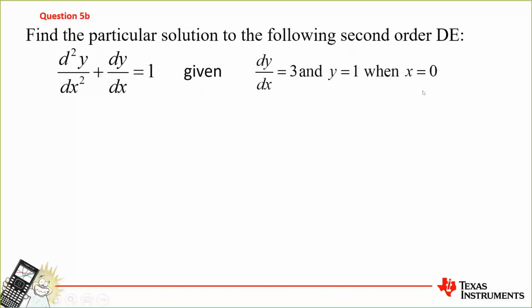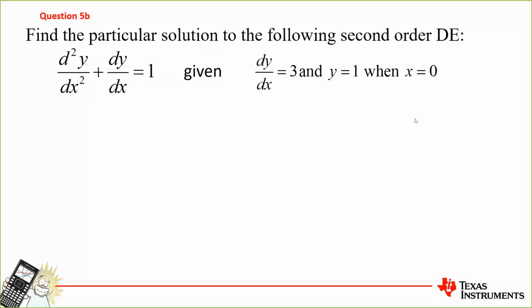Now, this one is probably one of the hardest to enter because that is the second order differential equation. And if we wish to get a particular solution, we need two boundary conditions. So we need the condition, what is dy/dx equal to for a particular value of x, and what is y equal to for the particular value of x.